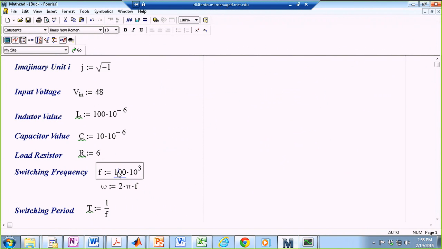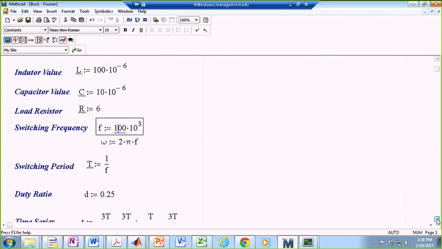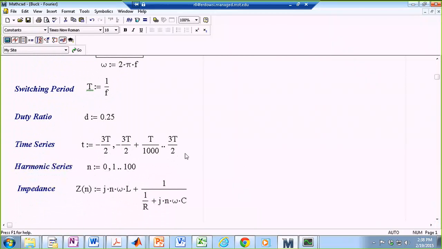All right. So my frequency is 100 kilohertz. Omega is 2 pi f, or 2 pi over T. And the duty cycle is 25%. So I'm expecting my output voltage to be 12 because the input voltage is 48 and it's a buck converter.